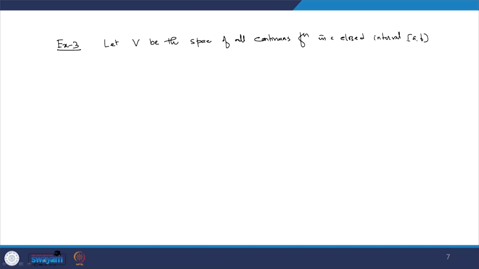Let me consider in general complex valued functions. Now I will introduce the inner product, which is basically a function mapping from V cross V to F.